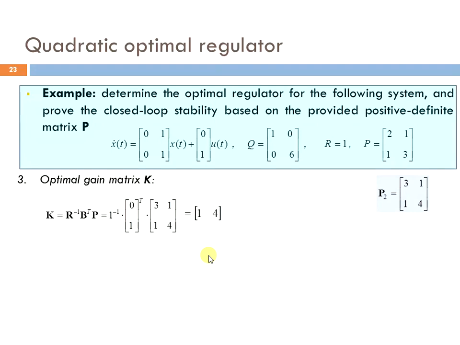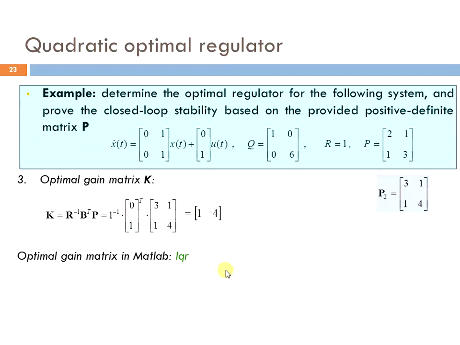We are able to determine the optimal gain matrix also in MATLAB. It provides a function LQR, a linear quadratic regulator.